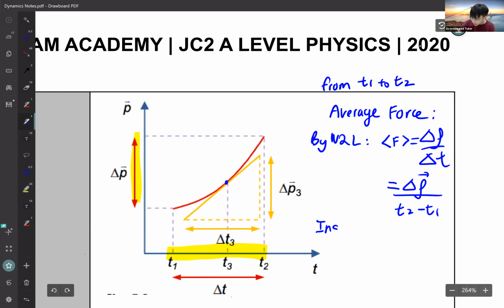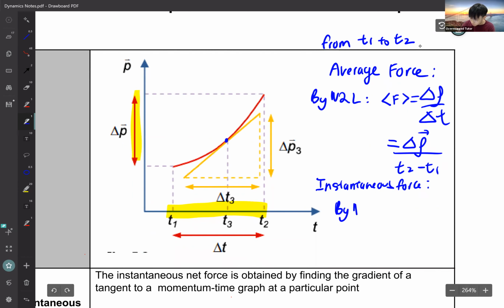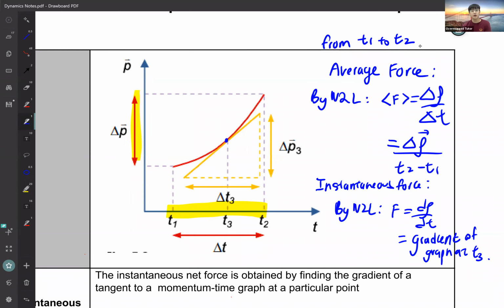So instantaneous force, by N2L, is also the gradient of the graph at T3. That's it. If you're given this, just be aware of the differences between average force as well as instantaneous force.